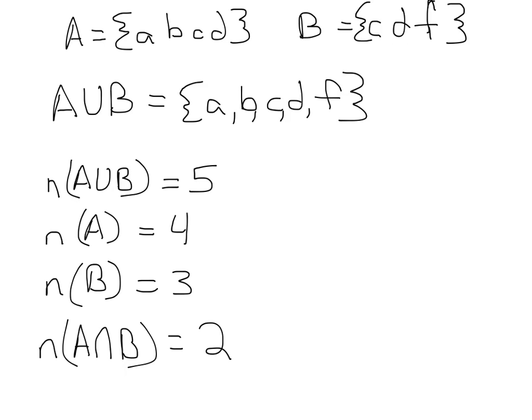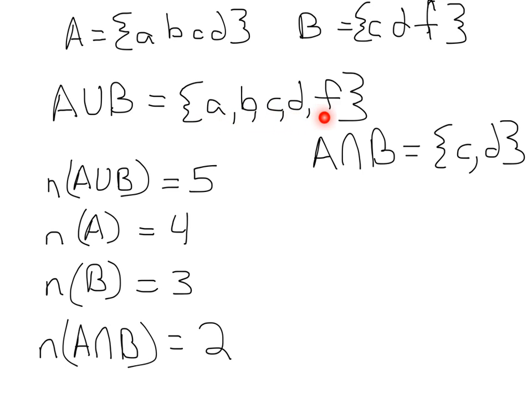Okay, in fact, the intersection is C, D. Let me write that. Let's see if I can do it fairly small. A intersect B equals C, D. Okay, so it should be fairly obvious that if I'm looking at this, 5 is equal to 4 plus 3 minus 2. And you should see the pattern.